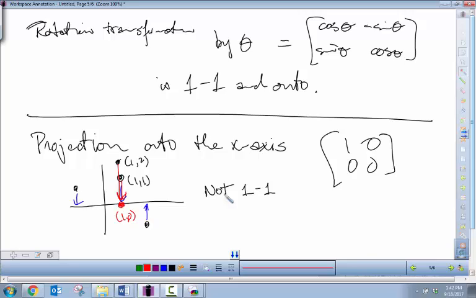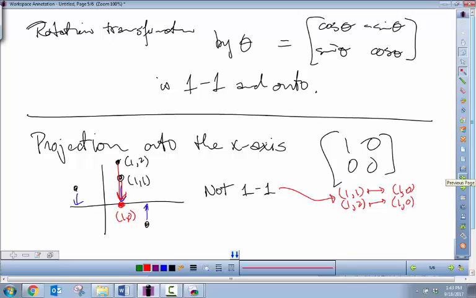So a counterexample for this being one-to-one is that (1, 1) goes to (1, 0), and (1, 2) also goes to (1, 0). And (1, 50), (1, -3), (1, anything) will all collapse down to (1, 0). That makes it not one-to-one. Does that make sense, the idea of one-to-one?